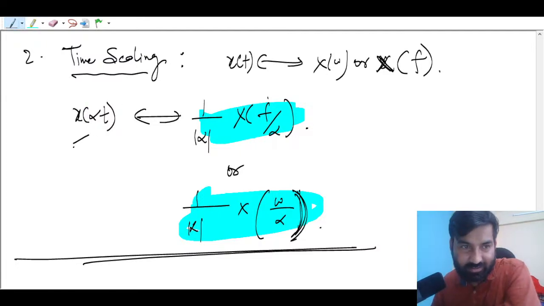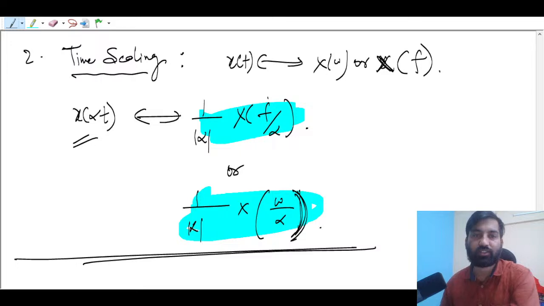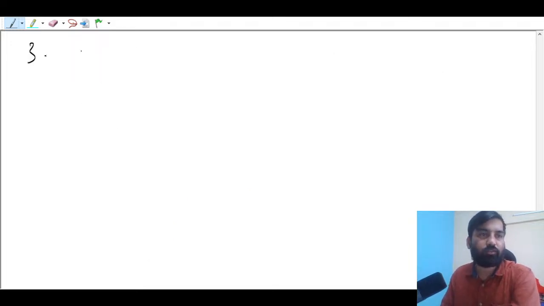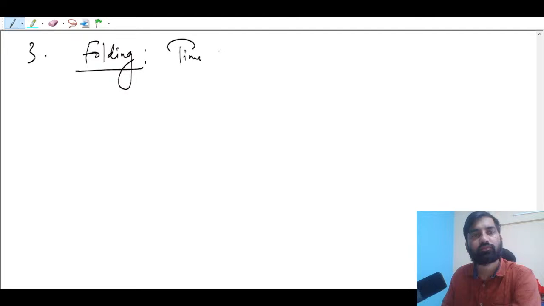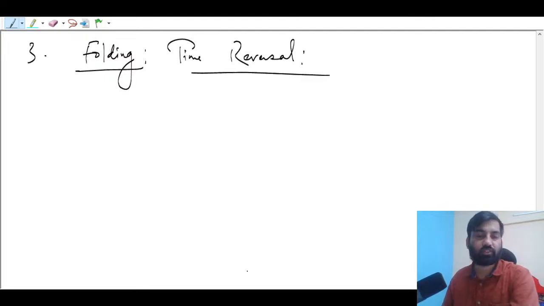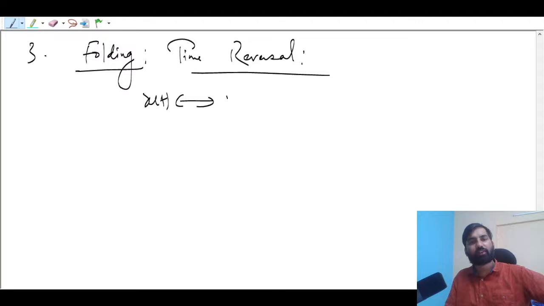In general it is for a general signal. And if I talk about folding, so the third will be folding or time reversal, we also call it time reversal. Suppose we have got x of t with Fourier transform x of f or you can say x of omega.